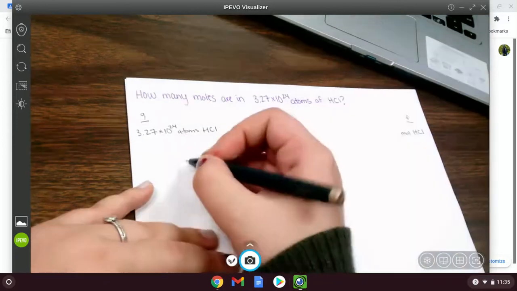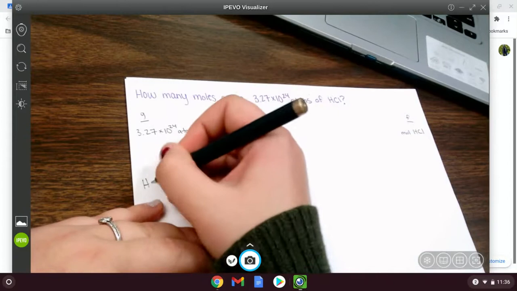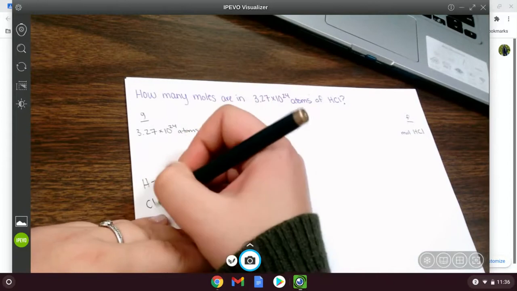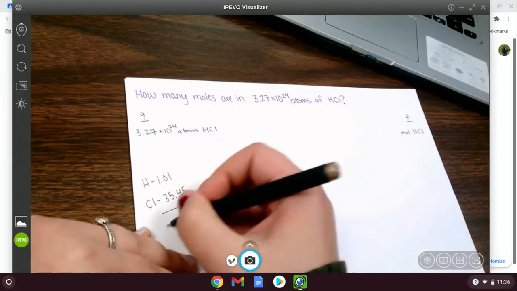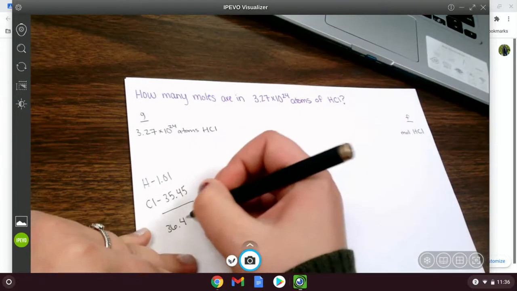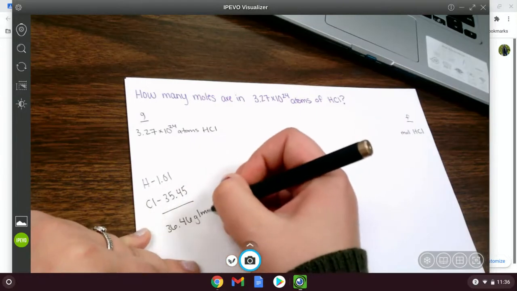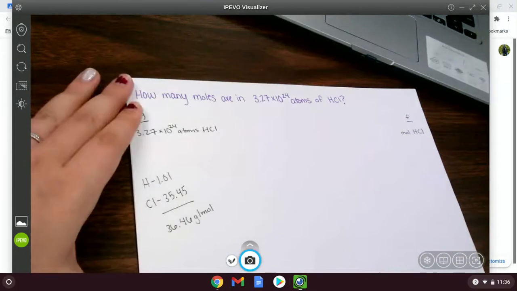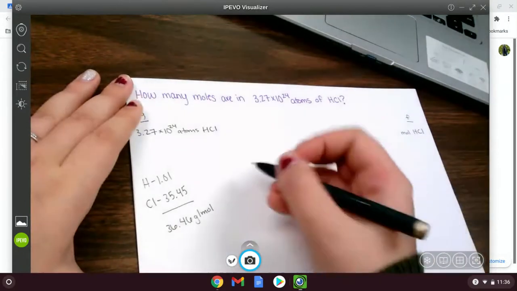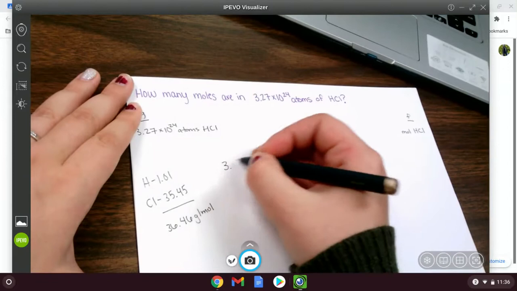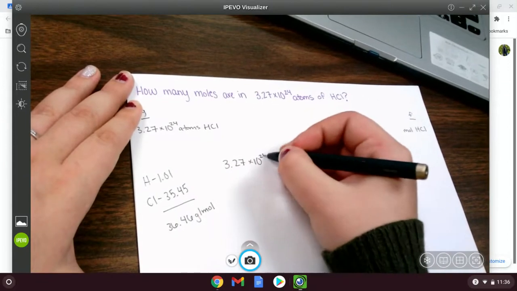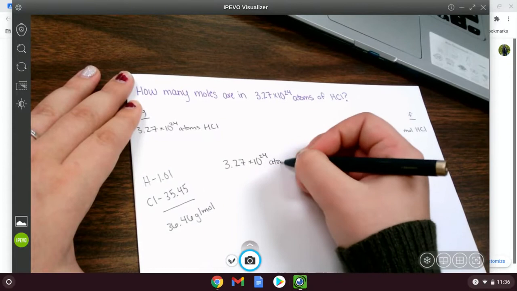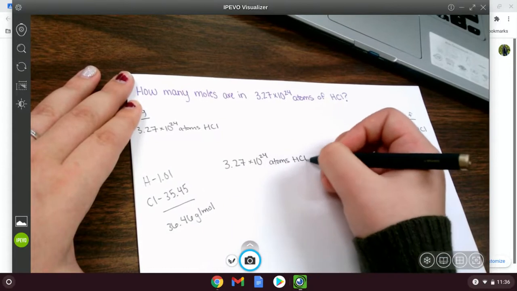So again, HCl, H 1.01, Cl 35.45. So we get 36.46 grams per mole as our molar mass. So I'm going to start with what I'm given. I'm going to rewrite my 3.27 times 10 to the 24th atoms HCl.